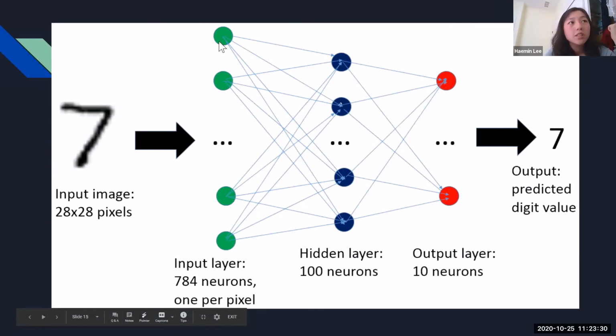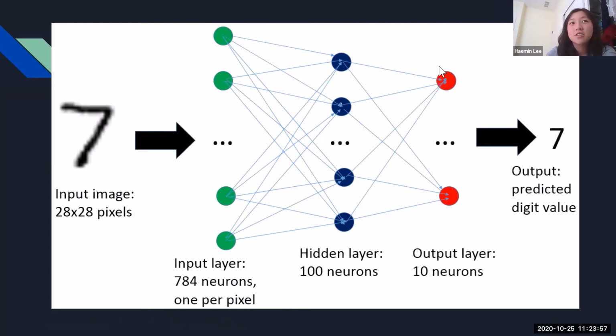So each pixel is going to go into a neuron, and each pixel value is a value from 0 to 255. Then some math is going to be done and propagated into the next layer, and the next layer, and then the softmax layer is going to be applied to make it into a probability. There's going to be 10 neurons in the output layer, and it's going to be a probability of how likely it is that number.